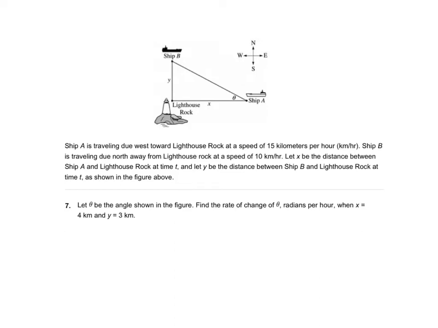So we could put up here dx dt is -15. And then ship B is traveling due north. Ship B is traveling north at 10 kilometers per hour. So that means y is increasing at that rate. So dy dt is +10. Okay, let x be that distance.